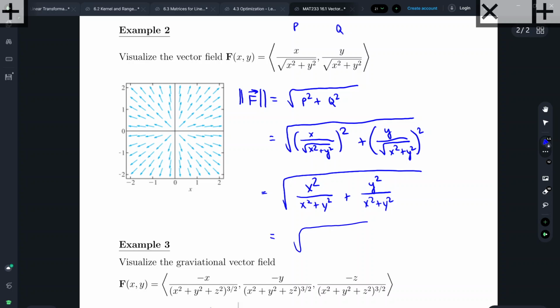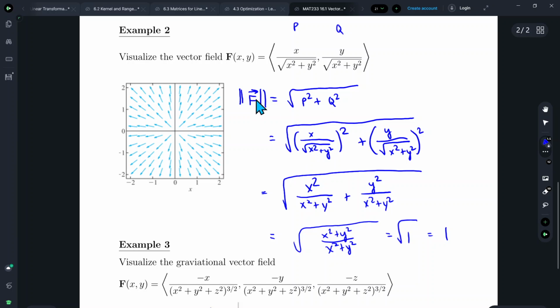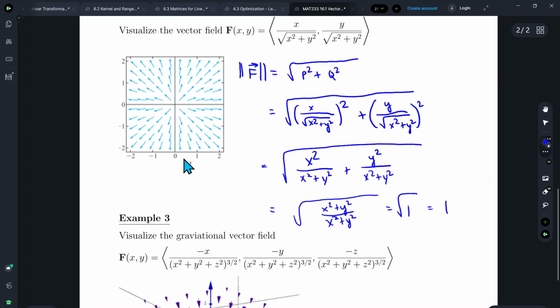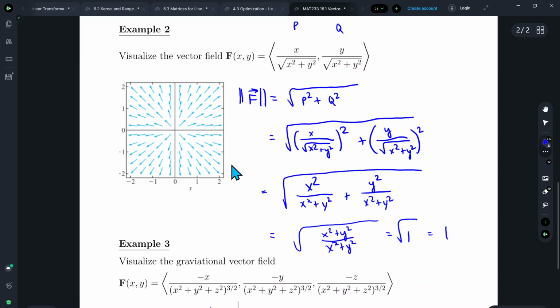Putting it together, you get x squared plus y squared over x squared plus y squared, and that completely cancels out, so you get 1, and the square root of 1 is equal to 1. You notice that this is independent of x and y. So for this particular vector field, every single output vector has magnitude 1. Okay, so that's the second vector field.